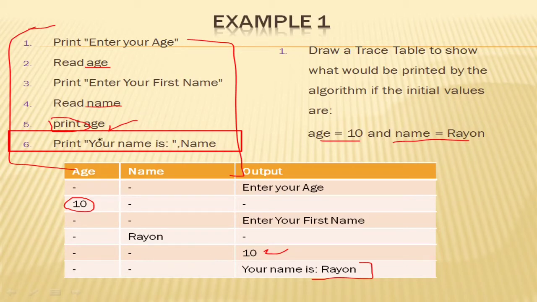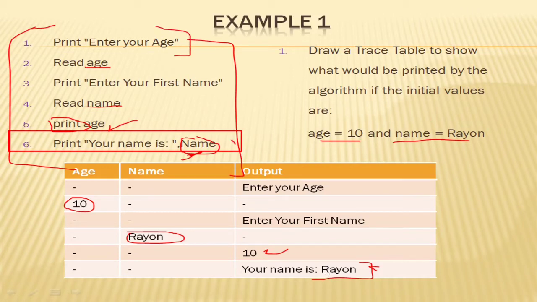So it means that your name is will be written exactly as is, and the value of name, because it is not in quotation, will be substituted, and the value of name in this case is Ryan, so it will be substituted right here. So hence the output statement we will have your name is Ryan, right? And that is our first trace table.